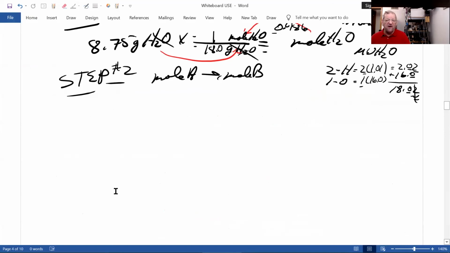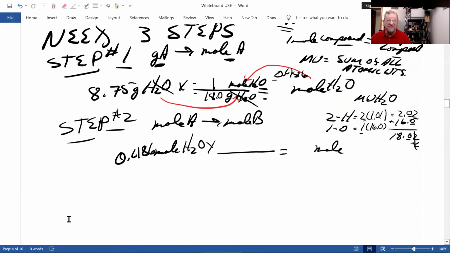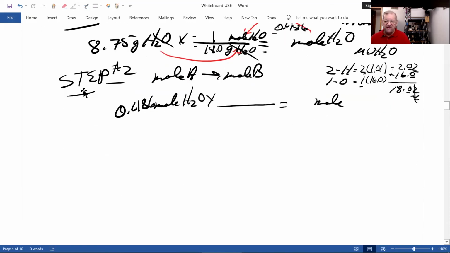So now I want to go from 0.486 moles of water. I want to get to moles of oxygen, because eventually we want grams, and that's our B.